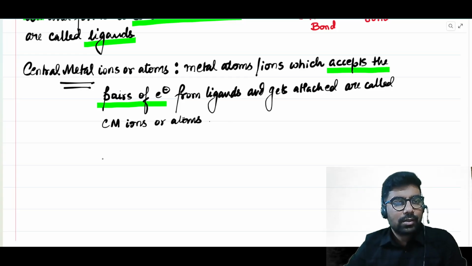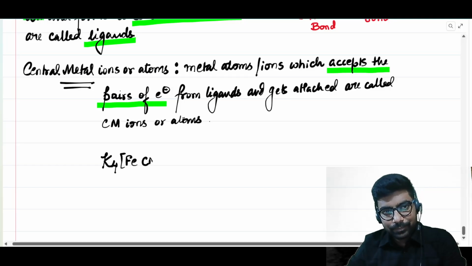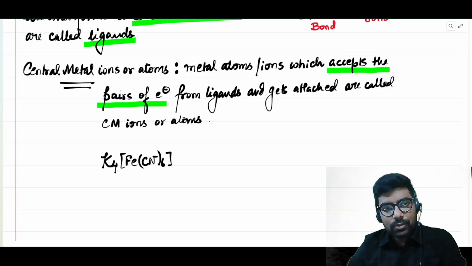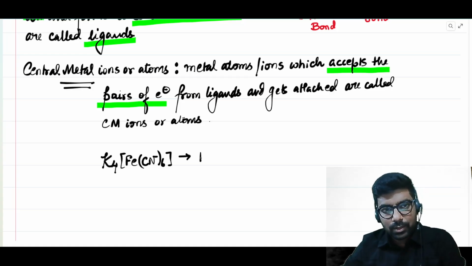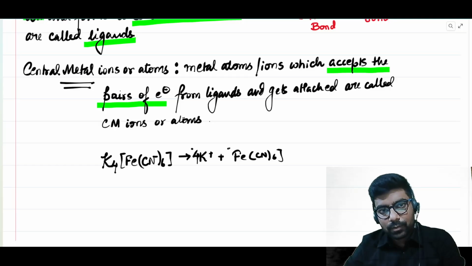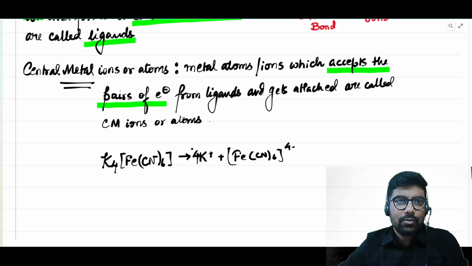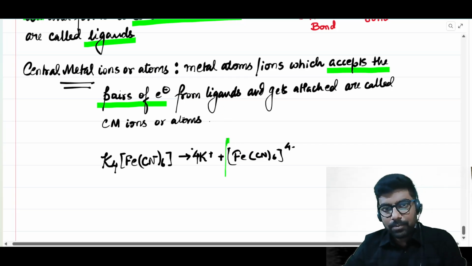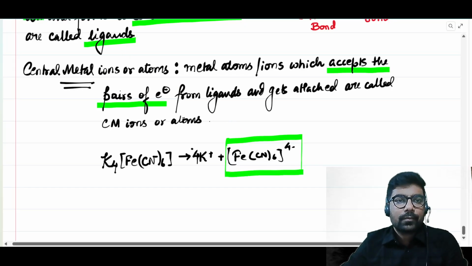So first coordination compound we have studied or we have discussed is K4FeCN6. So over here, which one is ligand? This breaks down to K plus and FeCN6 4 minus. Now we are talking about this one, the part that is inside the coordination sphere. This part. Now over here, you can see this central metal atom.